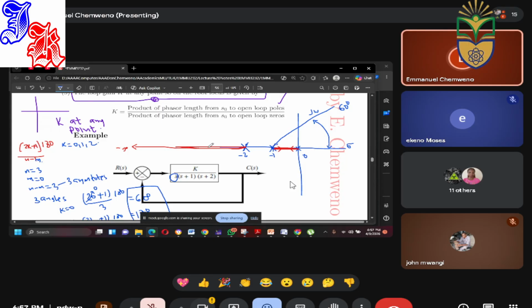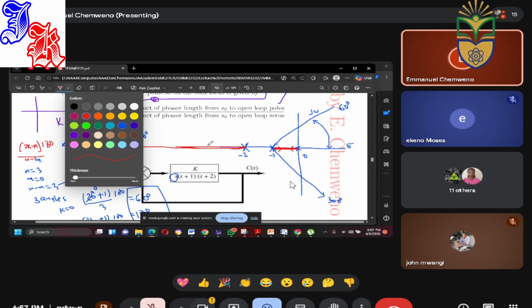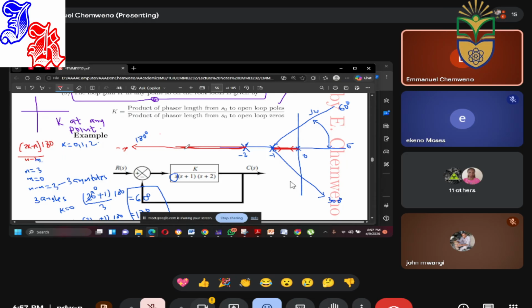This is 180 degrees. And 300 degrees. 300 is just -60, yeah? So we have already seen that one locus is going to infinity through this asymptote.